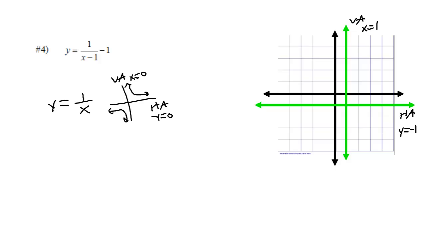Let me just make this dashed, because that's the way the asymptotes are supposed to be. And then knowing what the parent looks like, I just draw that. This picture is not to scale. It's not perfect. I'm not asking you to do it perfect.